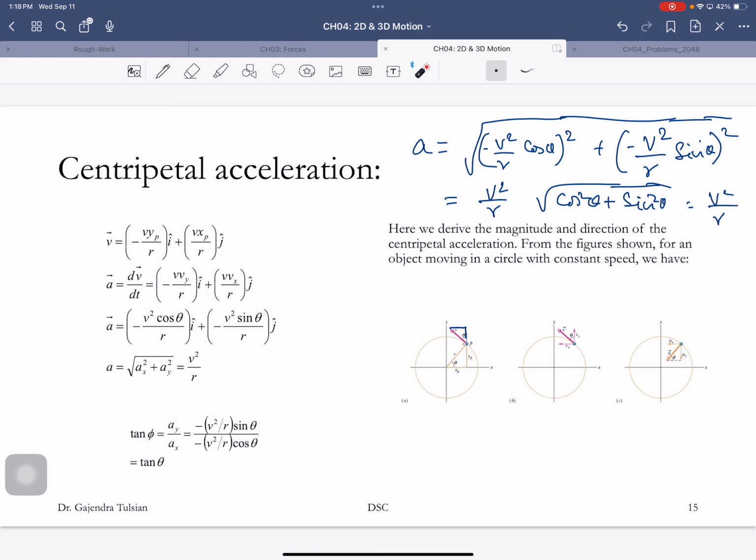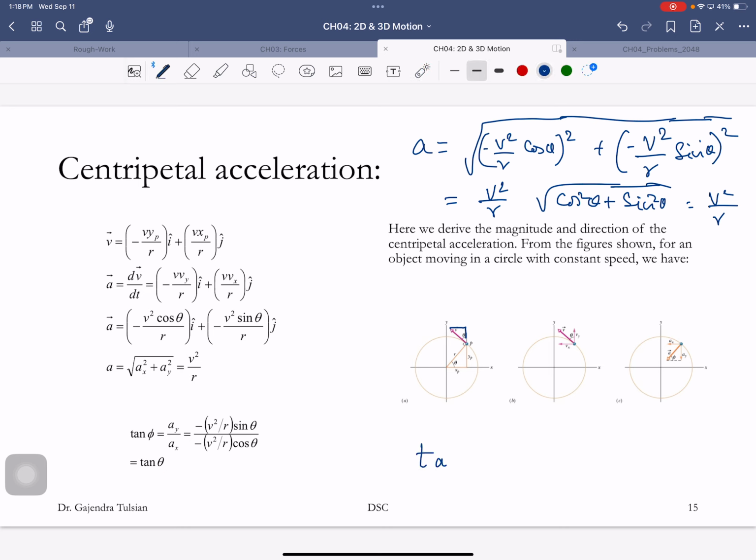To get the direction, we want to prove that it's pointing toward the center. The acceleration at this point has a negative x component and a negative y component, so the acceleration is in the third quadrant. For an acute angle, the acceleration is in the third quadrant. If you calculate tan phi, it is ay over ax, which is equal to tan theta.